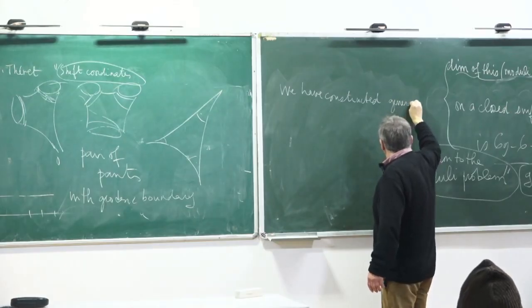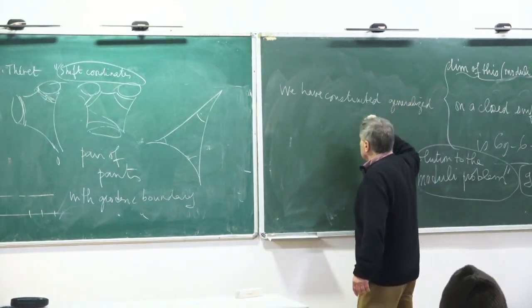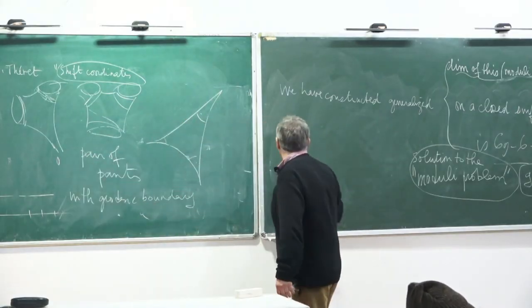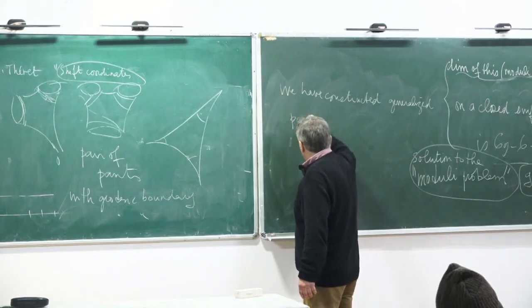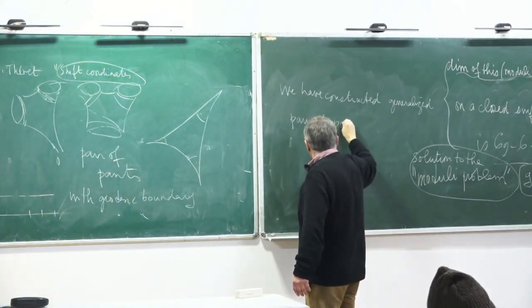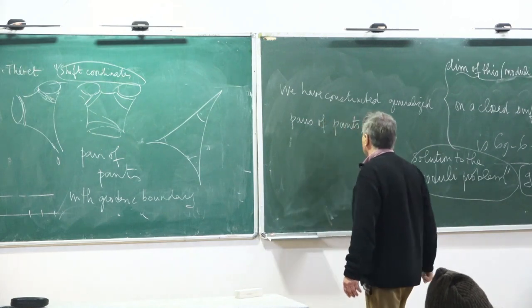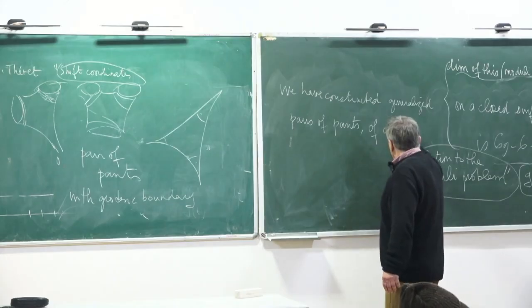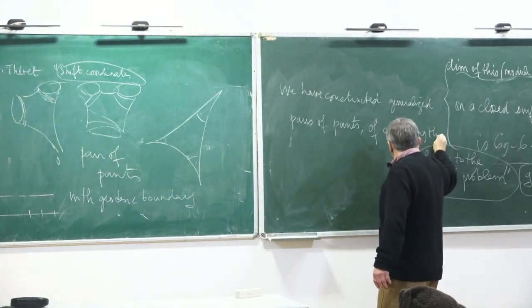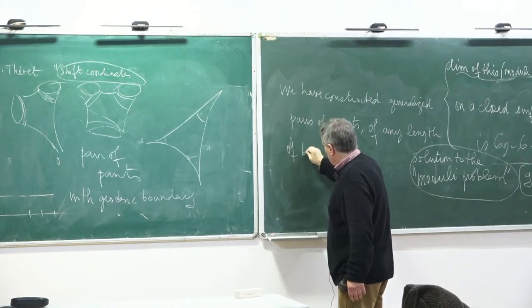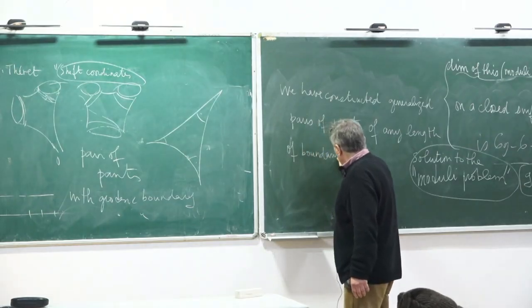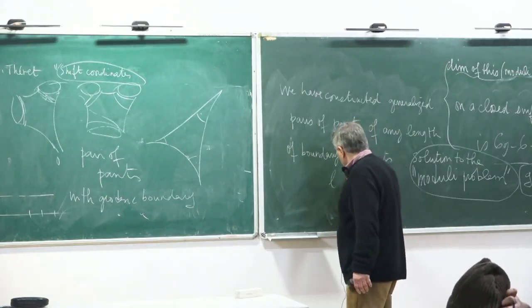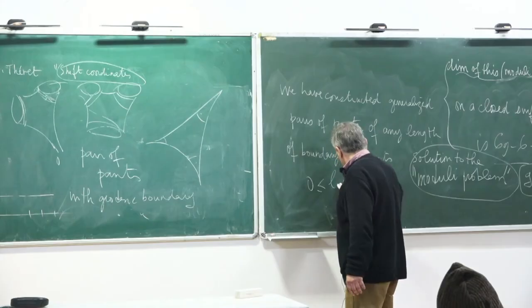Let me say, generalized pairs of pants, generalized meaning that some of the boundary components may be 0, of any length of boundary components, including 0, between 0 and infinity.